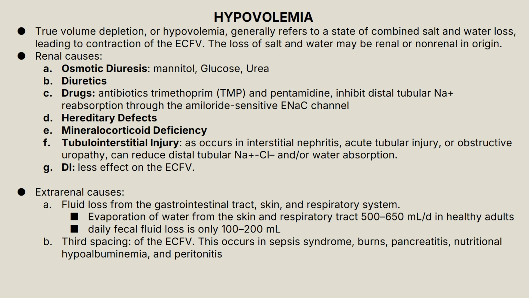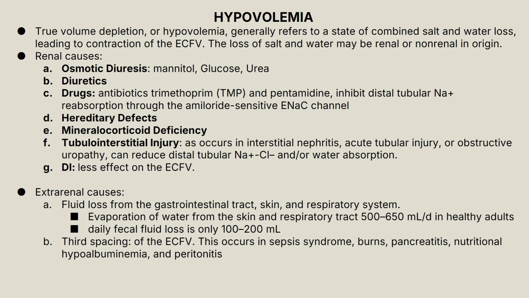Diuretics by themselves, such as loop diuretics, are the most common diuretics implicated in hypovolemia. Other drugs like TMP, trimethoprim, because it's a sulfonamide, inhibit distal tubular sodium reabsorption through the amiloride-sensitive ENaC channels. Hereditary defects such as diabetes insipidus, nephrogenic or central.